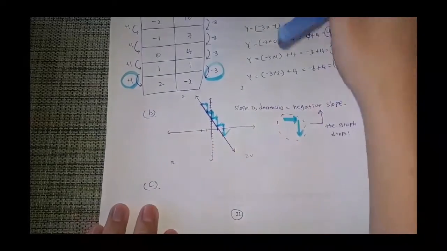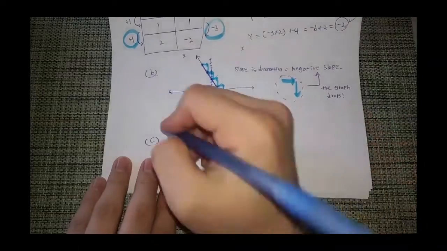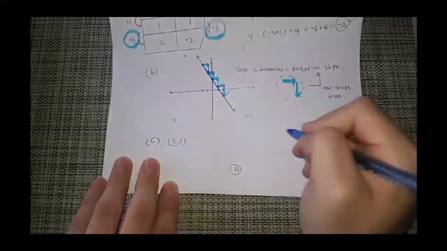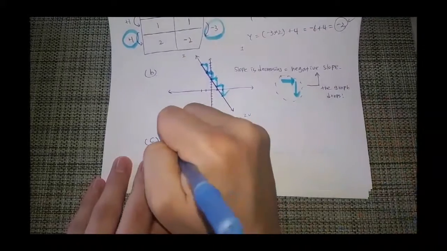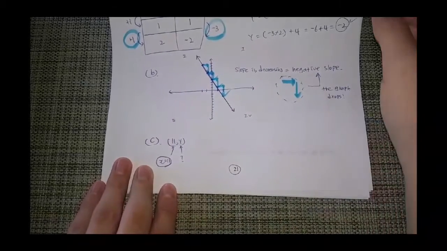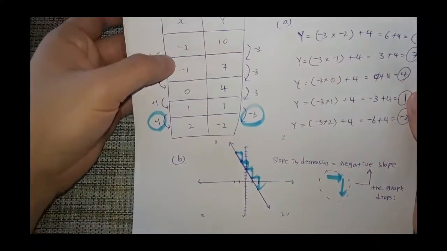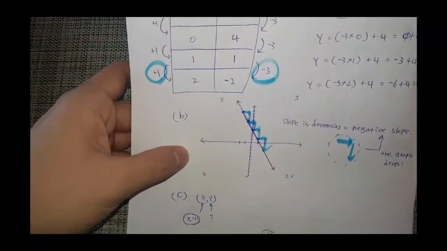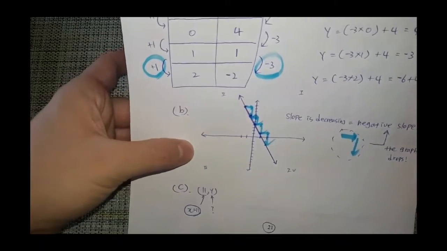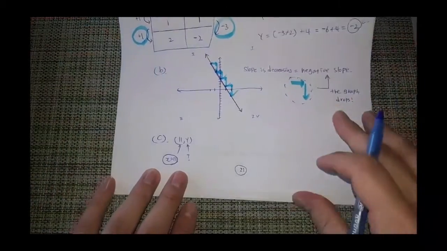C. Determine the value of y in the ordered pair (11, y). So we need to find out what y is when we know the value of x is 11. There are different ways you can do this. One way is to continue this graph all the way down to 11 and find that row, which is quite tedious. The best way is substitution.